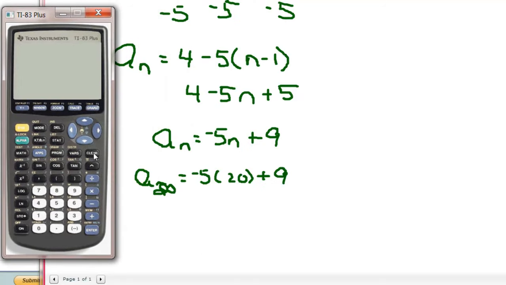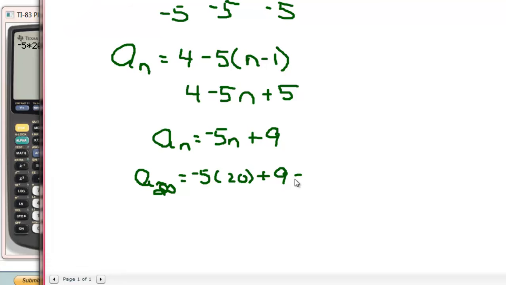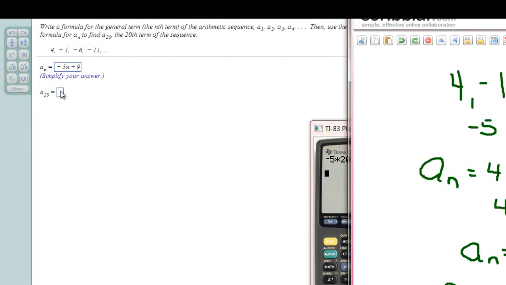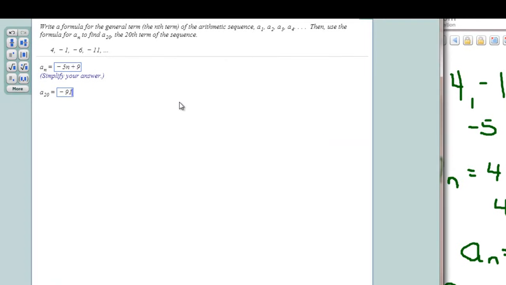Negative 5 times 20 plus 9 ends up to be negative 91. All right, let's keep going.